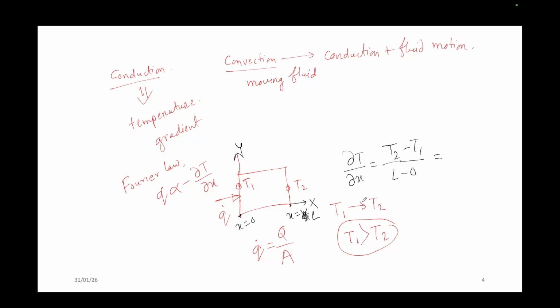So you see, as T1 is greater than T2, T2 minus T1 should be less than 0. So that means it is negative. So to compensate for this negative temperature gradient, there is a negative sign before this del T del X. Okay. So that thing we have also discussed. I am just recapping this concept for you.